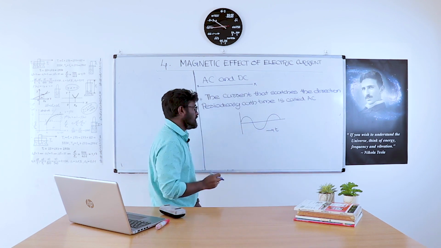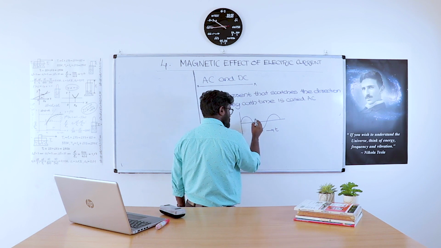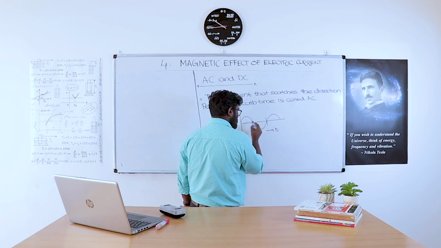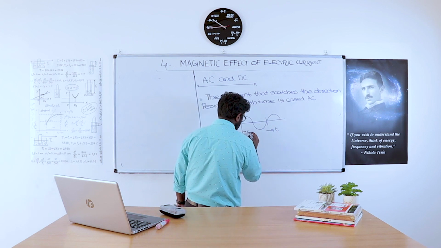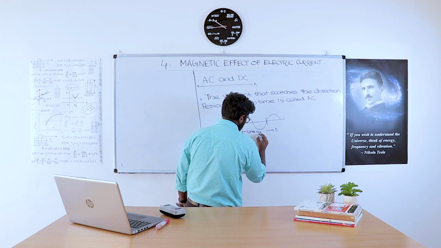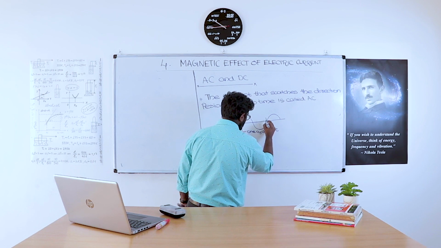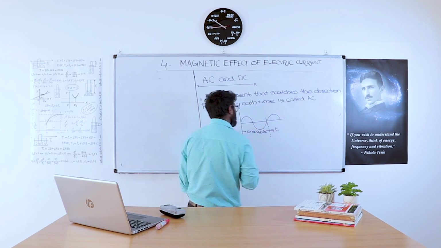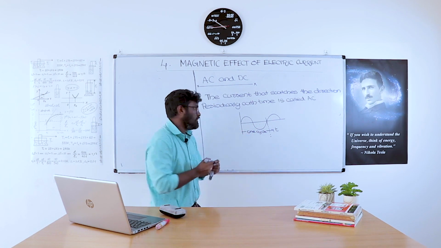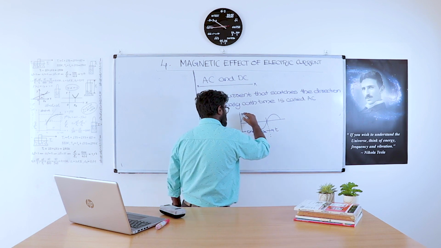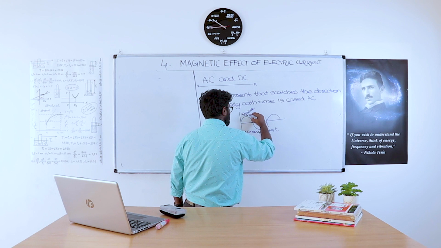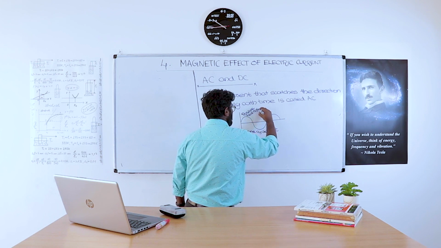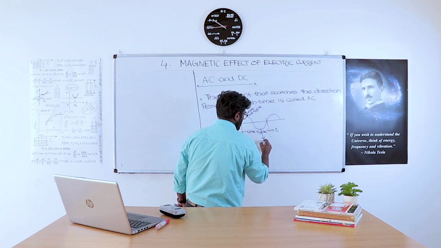Here AC consists of a positive half cycle and a negative half cycle. A positive and a negative half cycle constitute one cycle. This is the positive half cycle of AC, and this is the negative half cycle of AC.